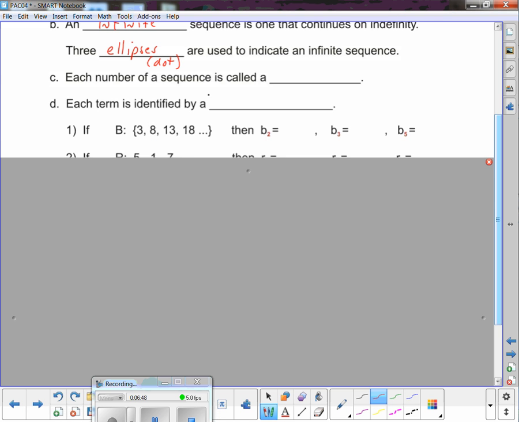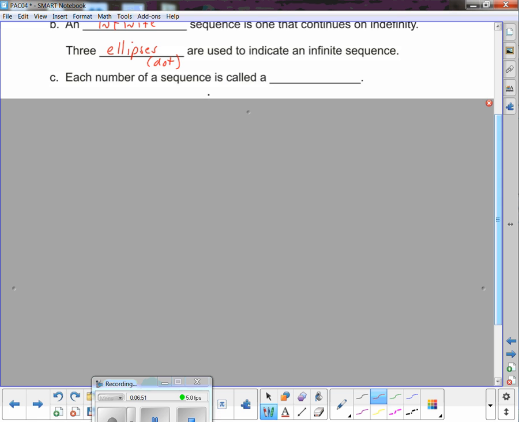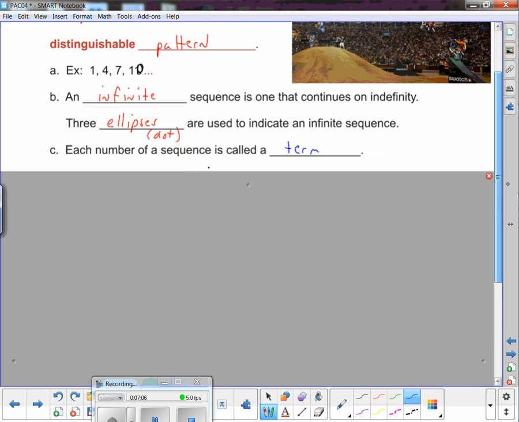All right, let's write a few more things here. Each number of a sequence is called a term. So you have the first term, the second term, the third term, the fourth term.